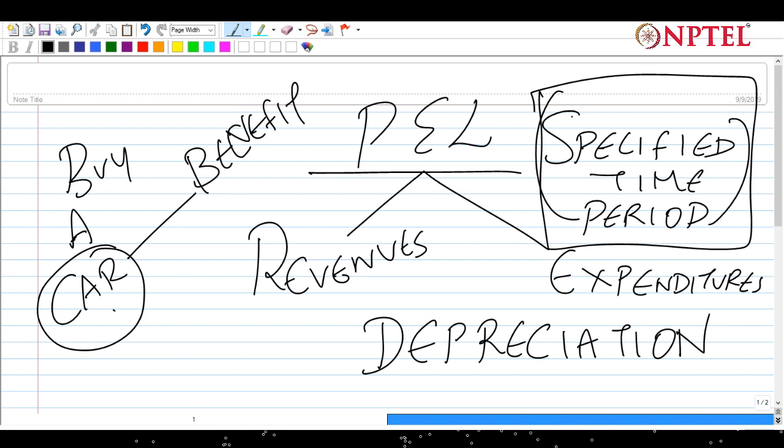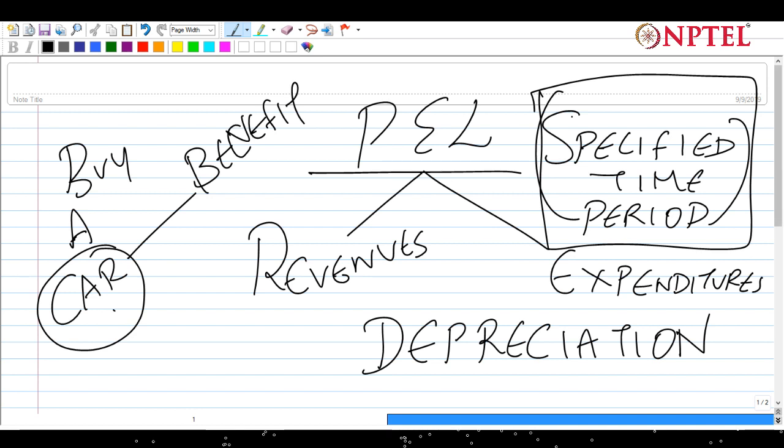You buy an automobile for, let us say, about 10 lakhs, and you feel that it is usable for a period of 10 years. You use it in the first year, then what happens? 1 lakh worth of that automobile you have already utilized. So the remaining 9 lakh worth of that automobile is still there, and it is owned by you.